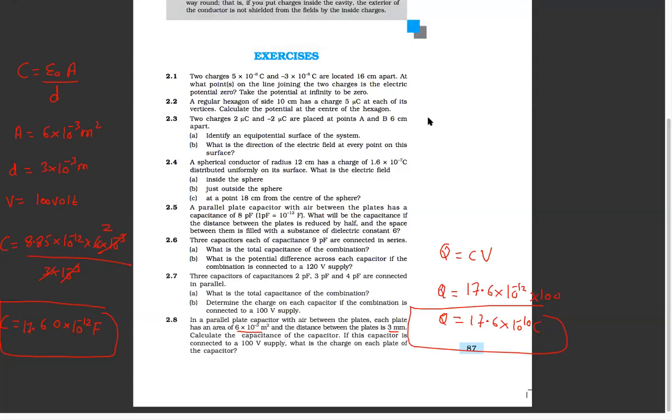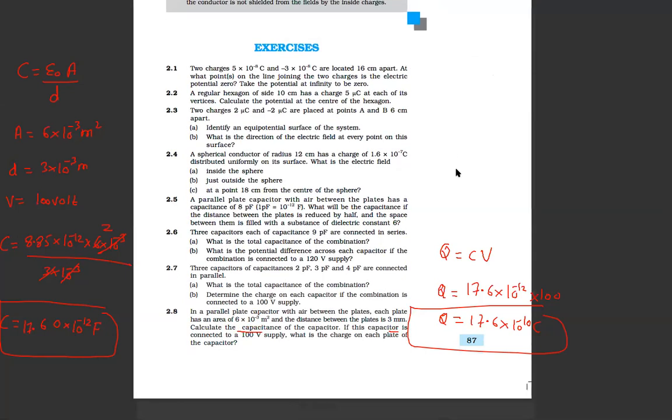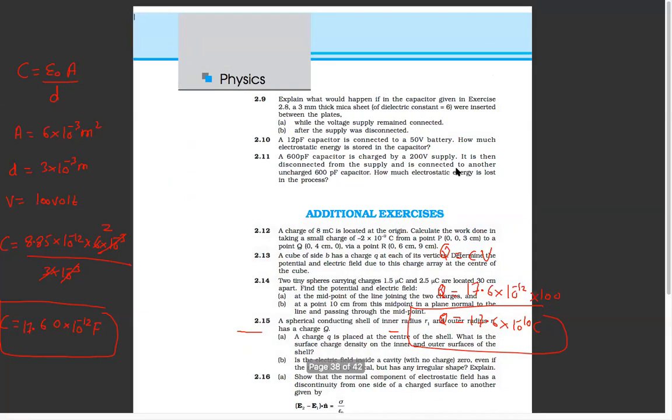So can I erase it? Sure. See, next numerical. In the same question, in question number 2.8, now calculate 2.9.